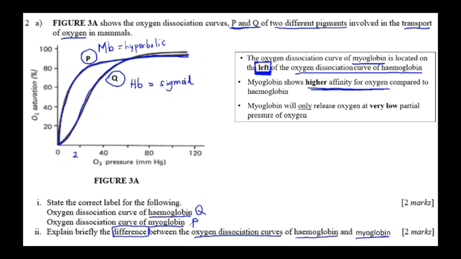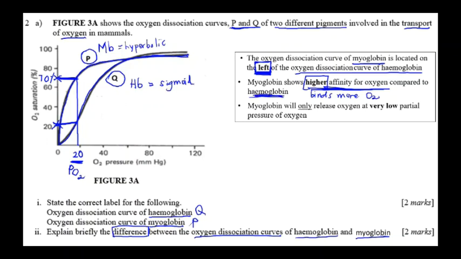Let's say we have the partial pressure of oxygen of 20, and then when we look at the graph, you can see that hemoglobin will have a much lower oxygen saturation compared to myoglobin, which has about 70% oxygen saturation, which means that at this low partial pressure of oxygen, more myoglobin contains oxygen compared to hemoglobin, which tells us that myoglobin has higher affinity for oxygen, which means it binds more oxygen compared to hemoglobin.